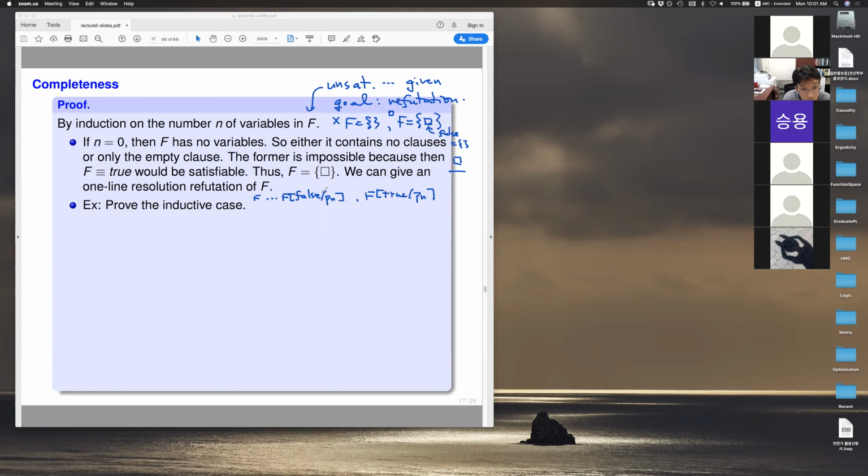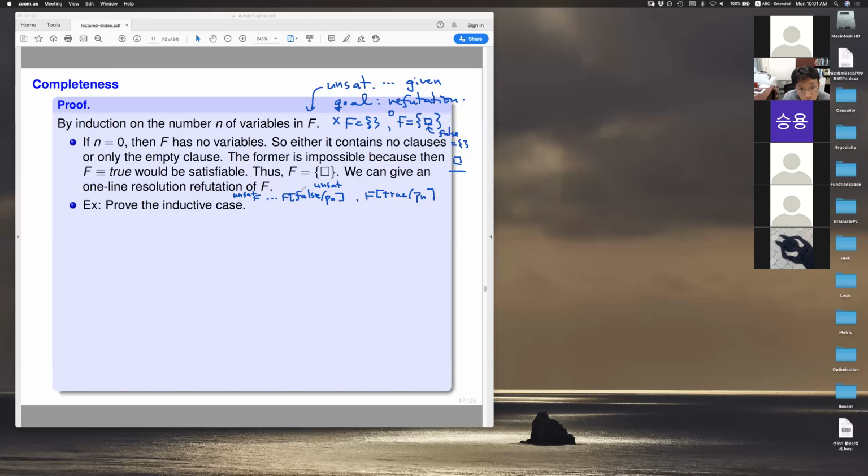Now, if F is unsatisfiable, then these two formulas should also be unsatisfiable. If one of them were satisfiable, then mapping Pn to false, or to true, would give a satisfying assignment of F, which is not possible.